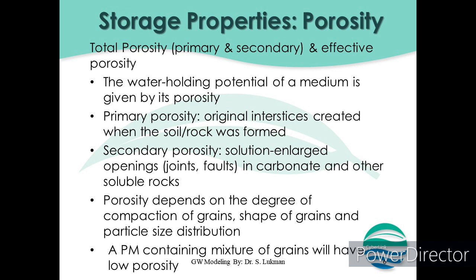Now, we have primary porosity, which is the original interstices created when the soil or rock was formed. It's called primary porosity, while the secondary porosity is the solution-enlarged openings, joints or faults in carbonate and other soluble rocks. Because over time, when you have soluble rocks, water is going through, or acid, because usually in the underground, you may have some acids. You have acid mine drainage. Okay?